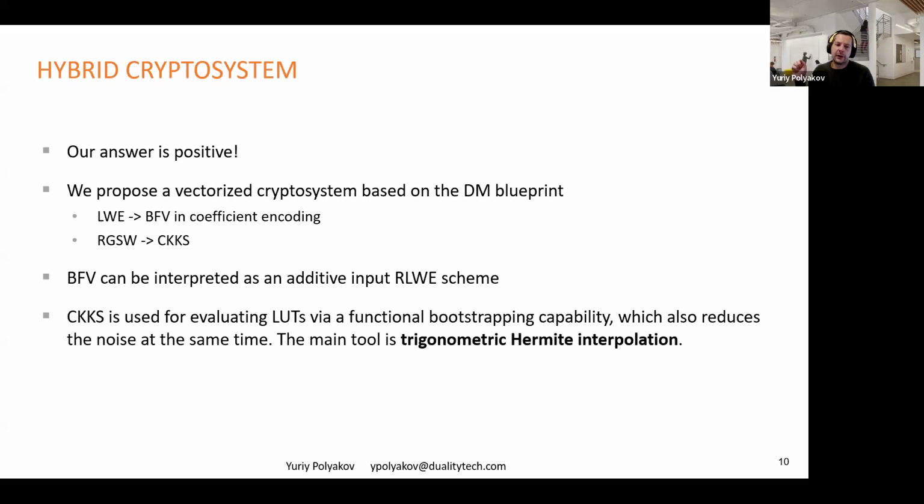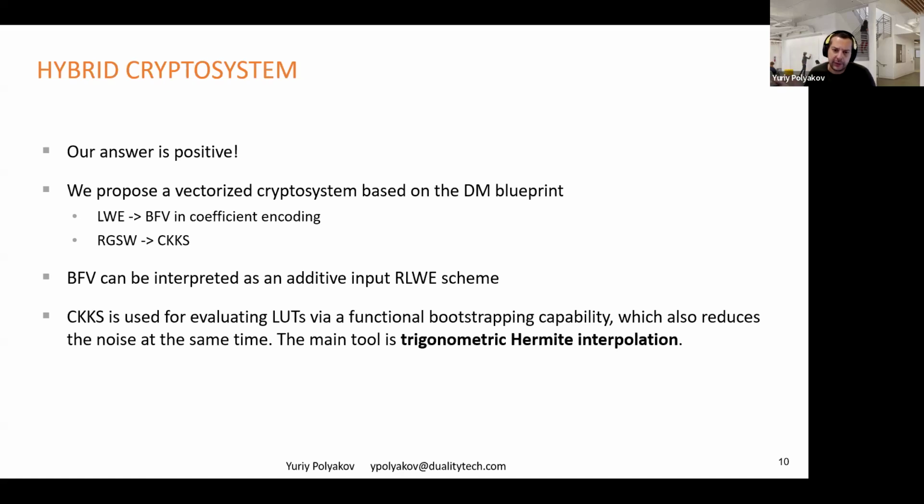Then we used CKKS for evaluating lookup tables using this functional bootstrapping capability. And we do it in a way that also reduces the noise at the same time. This is something that's going to be important about this capability, maybe as compared to the classical CKKS bootstrapping, that there is a mechanism to reduce the noise, just like in classical, let's say, Gentry-style bootstrapping.